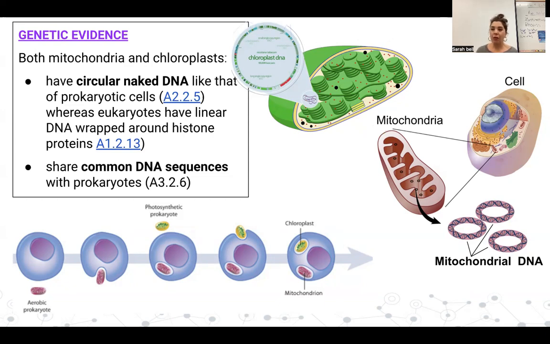With modern day science, we've been able to do DNA sequencing of chloroplast DNA and mitochondrial DNA, and we can actually see that there are some common genes or common DNA sequences between those organelles and prokaryotes. So it's not just structural, it's also at the core of what these molecules are. So that's pretty cool.